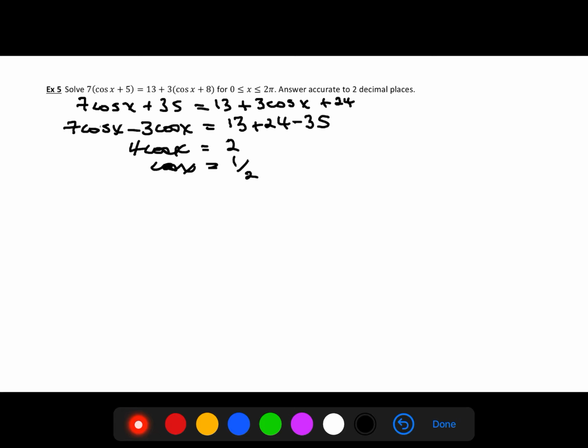Now, thinking about our special triangles, we do have a special triangle. If we're not sure, we can draw them both to see where we get our 1 over 2. But remember that 1, 2, √3, so we're going to have our pi over 6, pi over 3, so 30 is 1, 2, √3. So adjacent has to be the 1, which means we're talking about pi over 3.